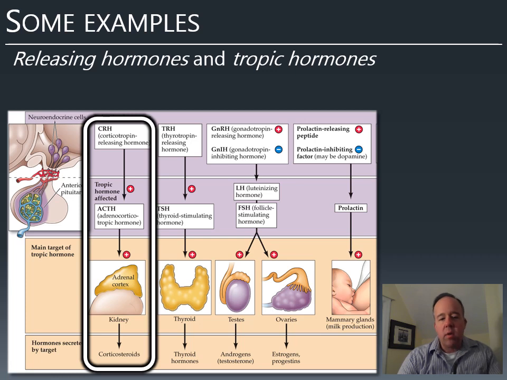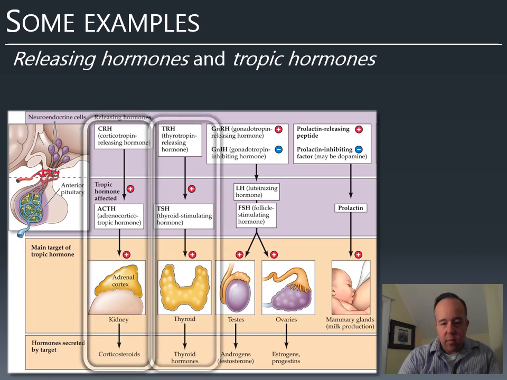That hormone goes to the adrenal cortex, which just sits on top of the kidney. And then that causes the adrenal gland to secrete corticosteroids. So we have one hormone, a releasing hormone, secreted by the hypothalamus, causing the secretion of a tropic hormone by the anterior pituitary, which causes secretion of another hormone by the target organ, in this case, the adrenal glands.